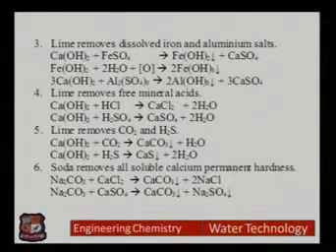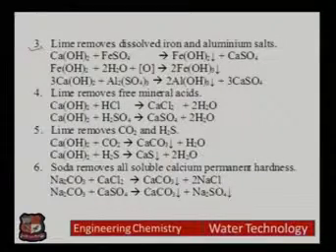In the same manner, point number 3, we can see lime removes dissolved iron and aluminium salts like iron sulfate and aluminium sulfate. All these react with lime and get converted into their corresponding insoluble salts. Lime also reacts with free mineral acids HCl and H2SO4, which may later on get converted into hardness causing salts if not removed.